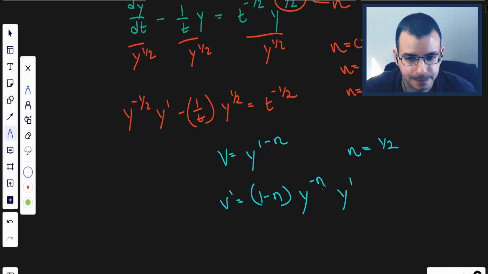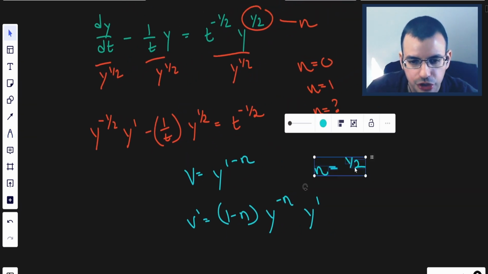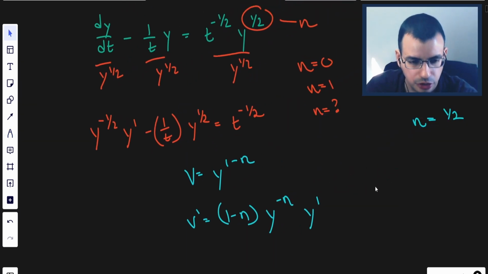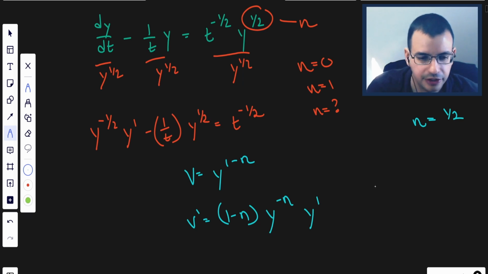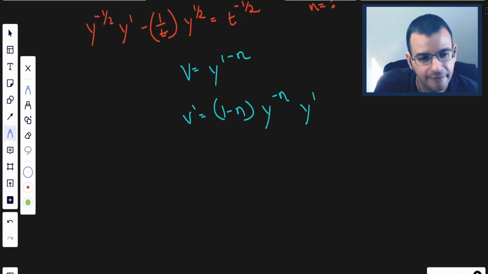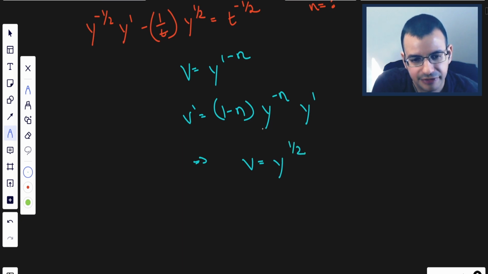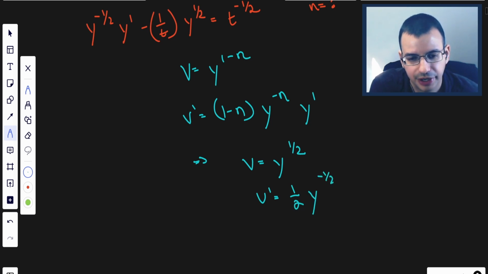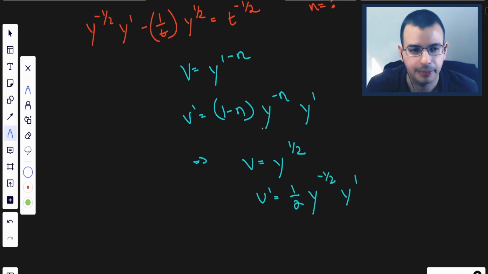There we go. And to be a little bit more nuanced here, this means that v equals y to the 1/2, and v prime is going to be 1/2 y to the negative 1/2 y prime. Right.